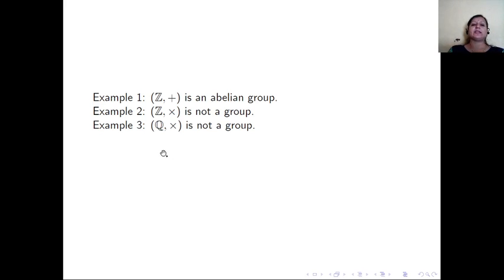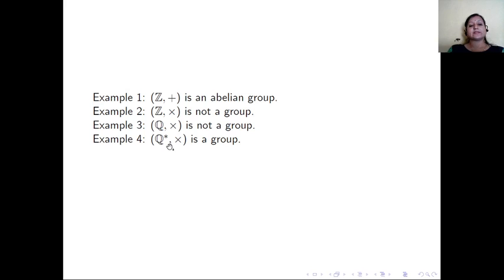But in Q, there is only one element, that is 0, which does not have a multiplicative inverse. For 0, there is no element in Q such that 0 into that element is going to be 1. So, the inverse of only one element, that is 0, does not exist in Q. Hence, Q is not a group under multiplication.